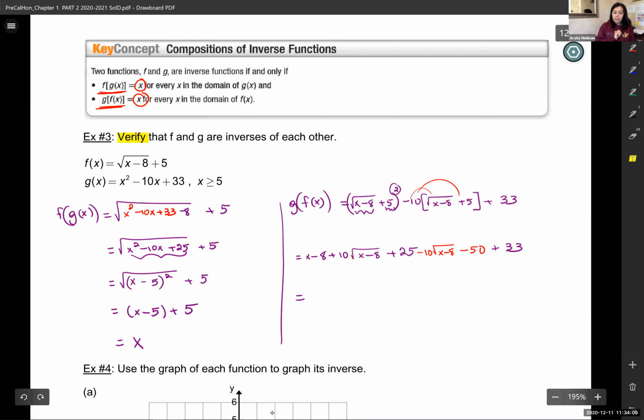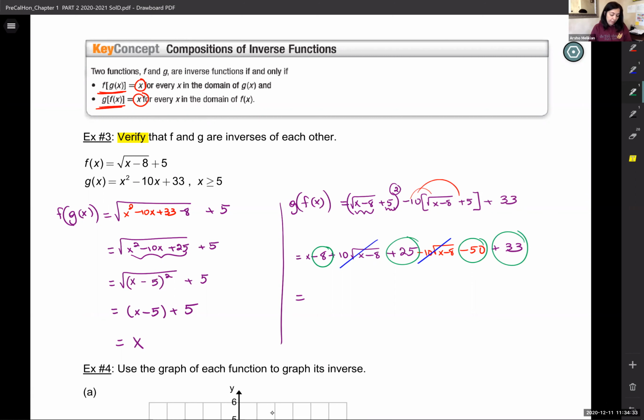Okay? All right, guys, what happens here? 10 root x minus 8 minus 10 root x minus 8 cancels. What do I have left here? Minus 8 minus 50 plus 25 plus 33.